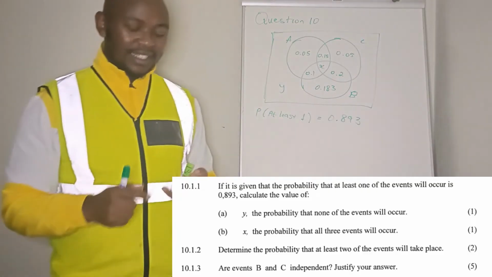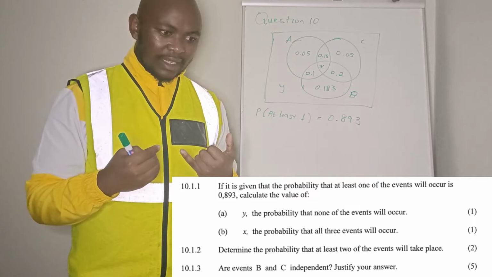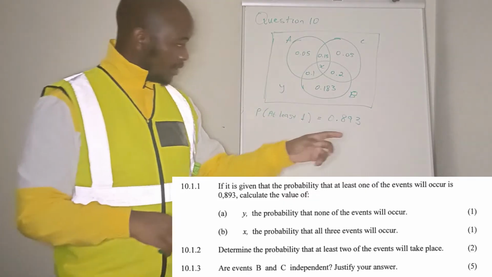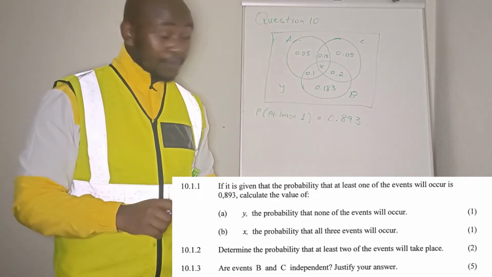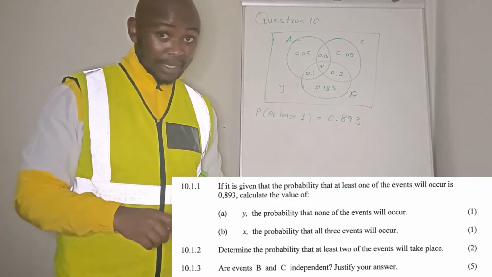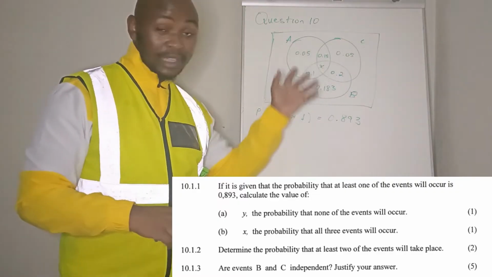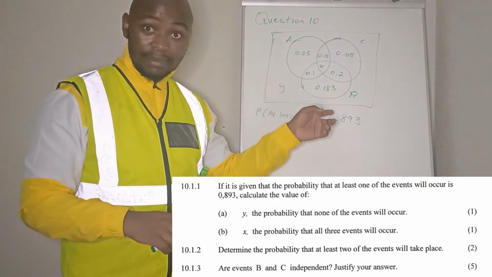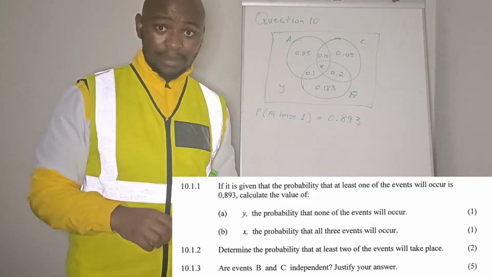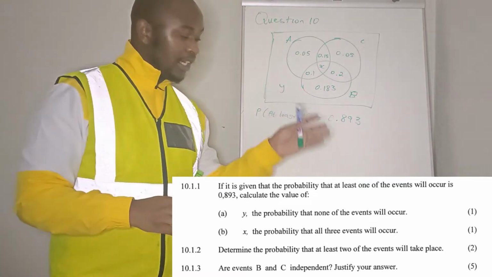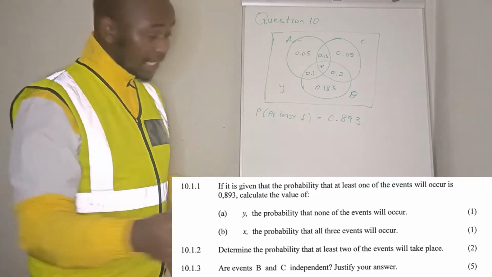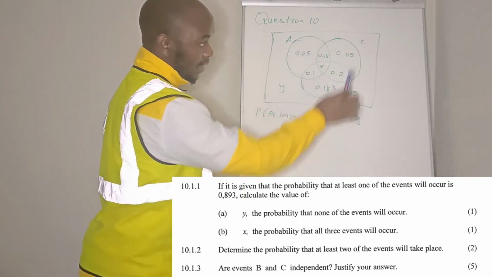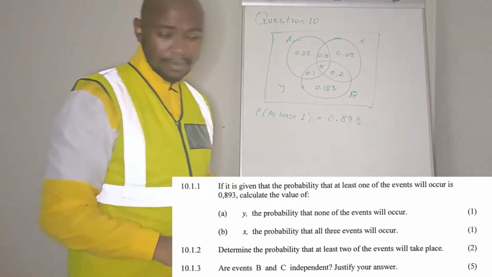So they are saying that the probability that at least A can happen, or at least B, or C, or any of them happening at the same time, or A and B, C and B, or A and C happening is 0.893. So this basically tells us all the probabilities that are in these circles of the Venn diagram.